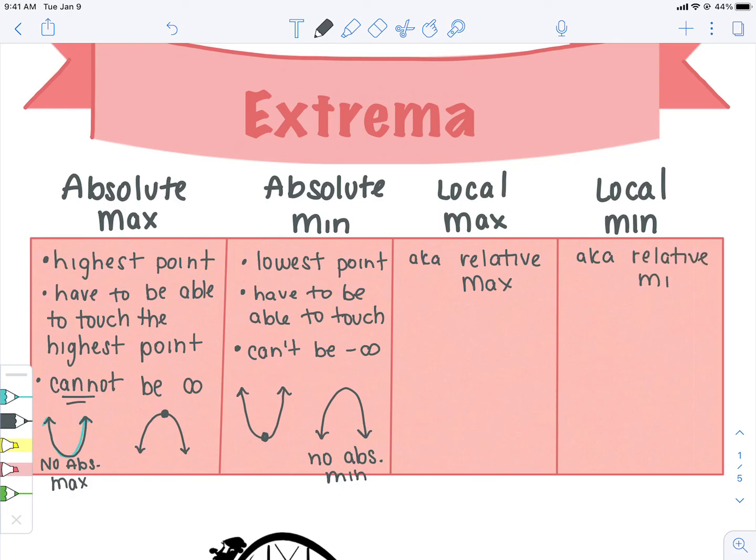So sometimes they may refer to it as finding the local max, or they may ask you to find the relative max. Both mean the same thing.